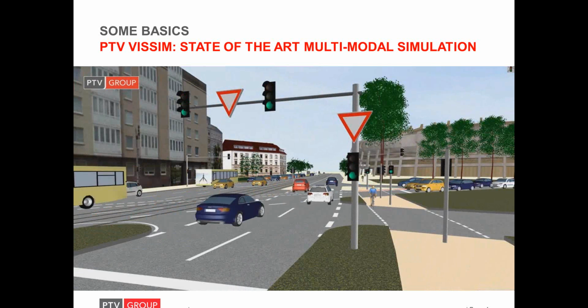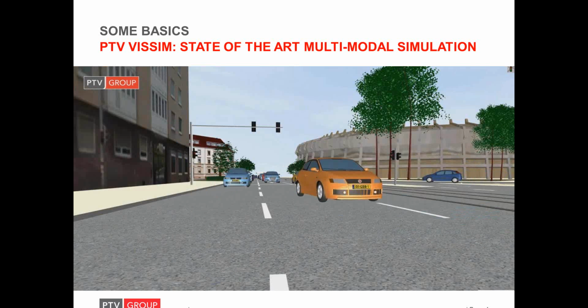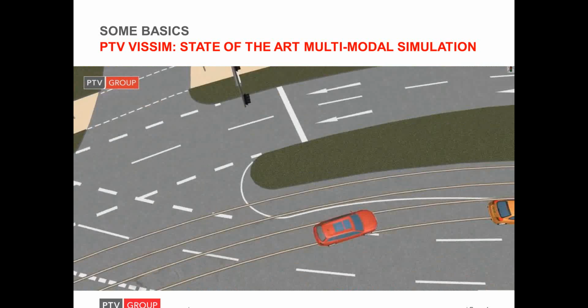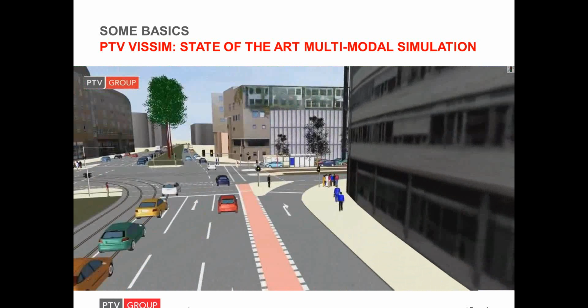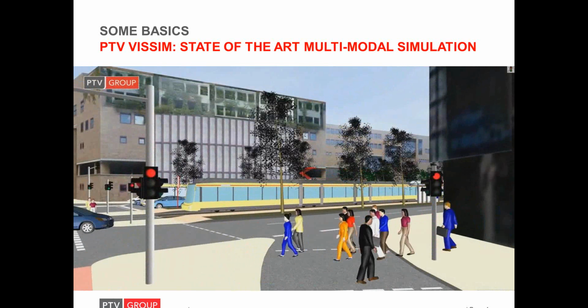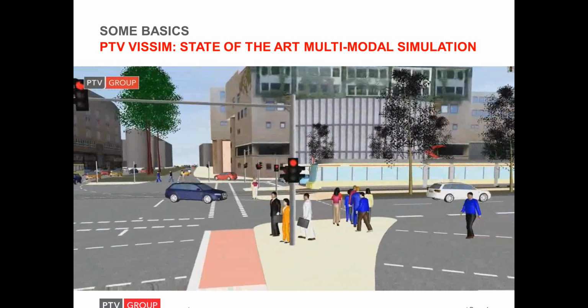There are different types of motorized vehicles, such as passenger cars and trucks, public transport vehicles, as well as cyclists and pedestrians. And clearly they all behave differently, which is taken care of by different behavior models and parameter sets.